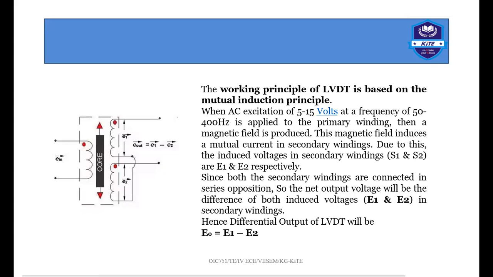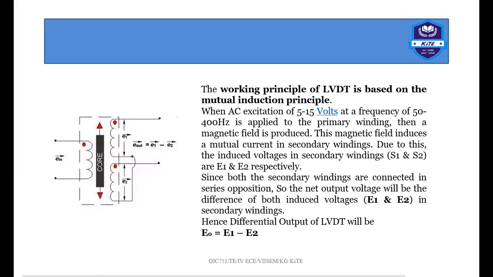It actually depends upon three cases. First, the working principle of LVDT is based upon the mutual induction principle. Here E in, E1, E2 and E out all represent the fluxes produced.